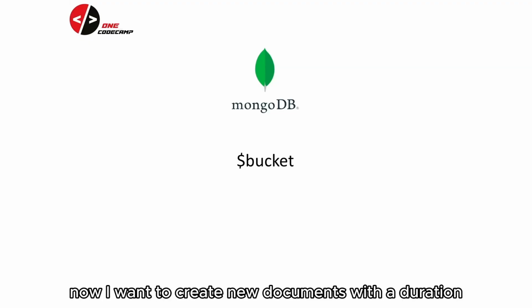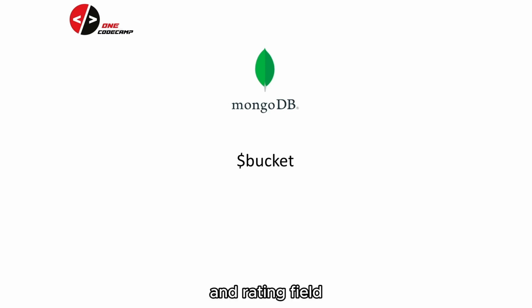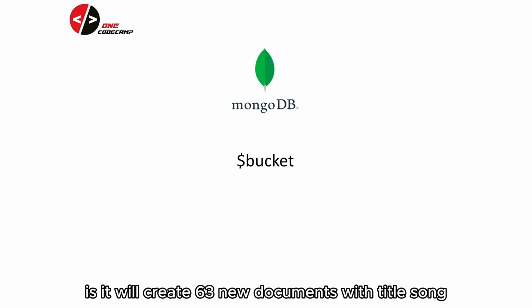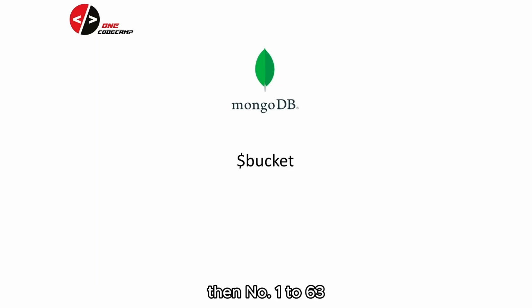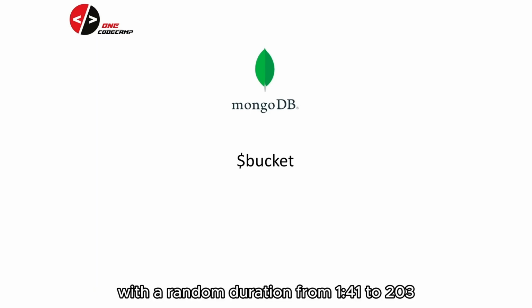Now I want to create new documents with a duration and rating field. This will create 63 new documents with the title song, then number 1 to 63, with a random duration from 141 to 203.